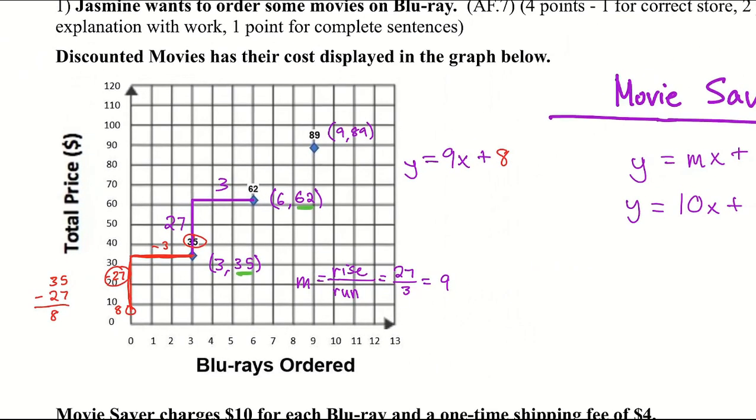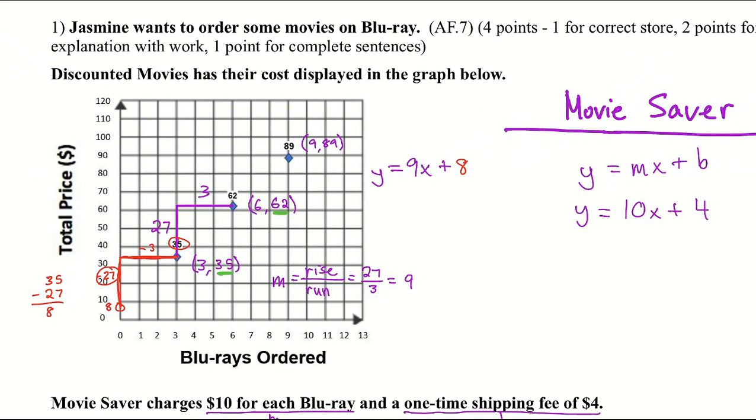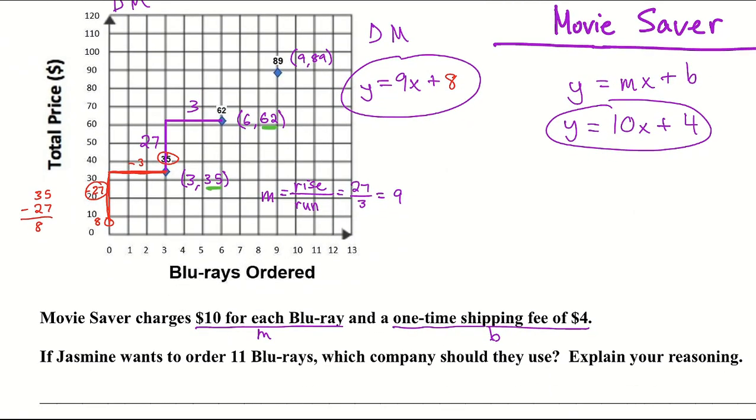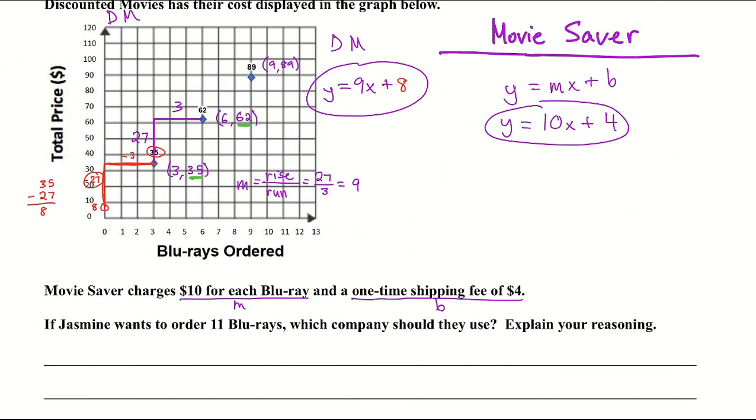All right. So now we can go ahead and answer this question that we have. We're going to use these two formulas here. This is discounted movies. So if Jasmine wants to order 11 Blu-rays, which company should they use? What you're going to do is substitute in 11 for your x.